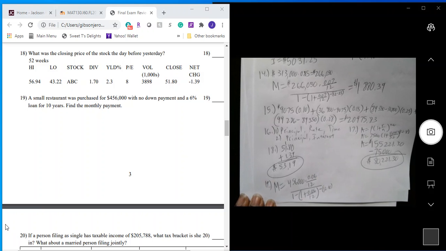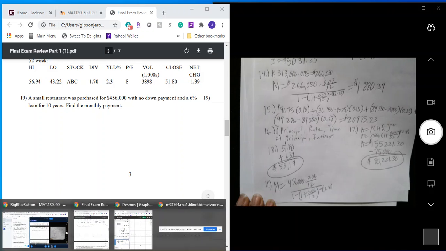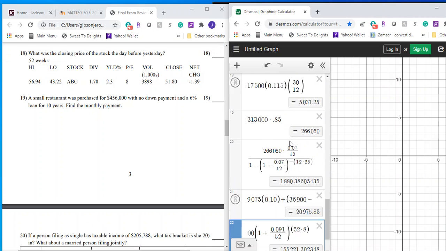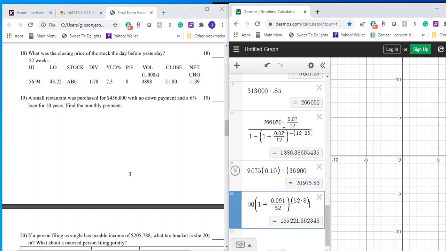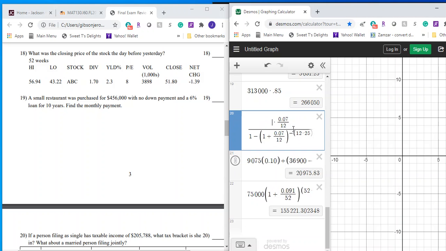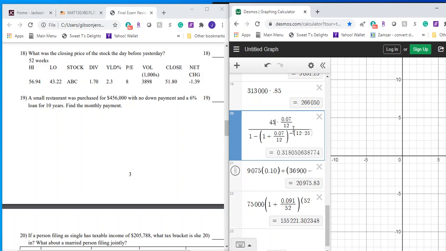Now we could put this in our calculator. I will tell you that this is why I like Desmos, because I could come back here to a previously done problem where it had the monthly value here and just do some substitution instead of having to retype everything over again. So it'd be 456,000, and then this would be 6%.